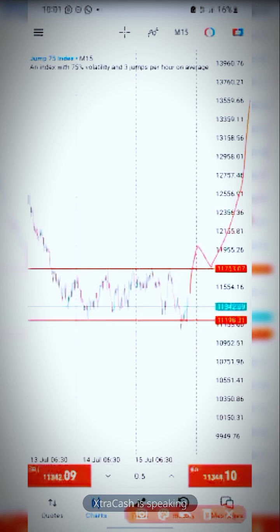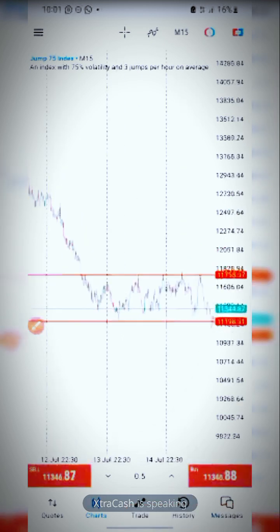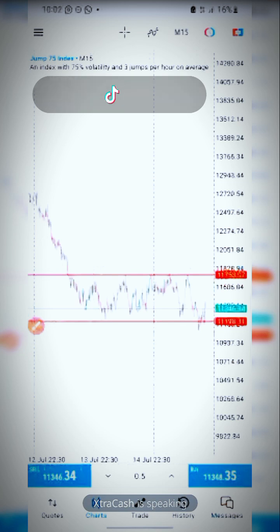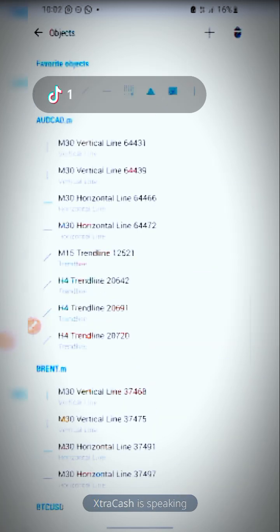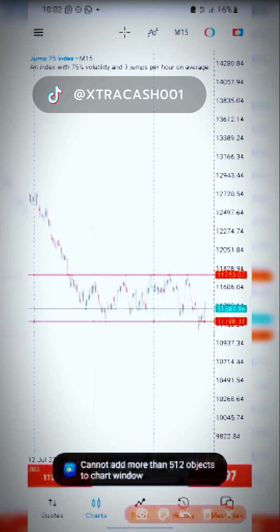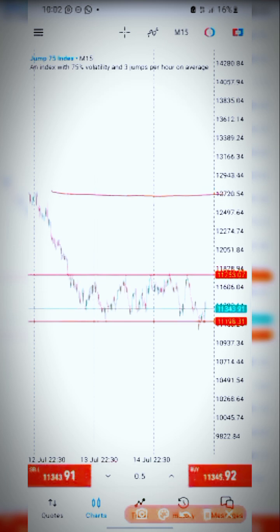Okay, let me tell you where the buy will stop. The buy will stop here. That's where the buy will stop. If this market goes up, retest, that's where the take profit will be.